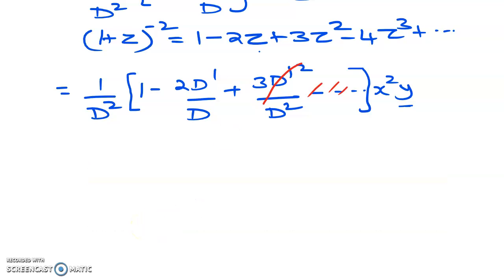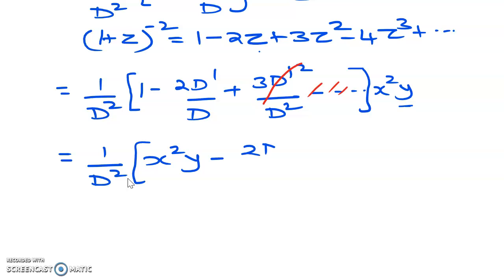So this is whatever remains. In the remaining you can write 1 by D squared, multiply this x squared y, then minus 2 D dash of x squared y divided by D, and this closes off.